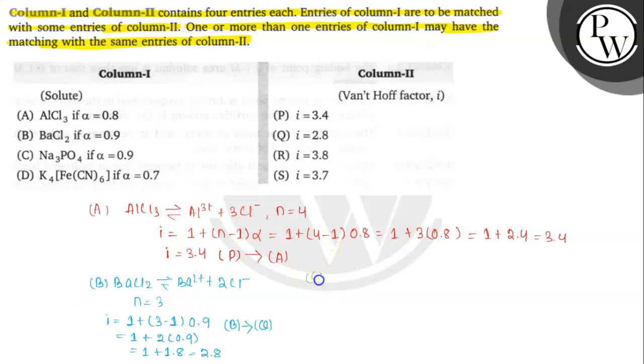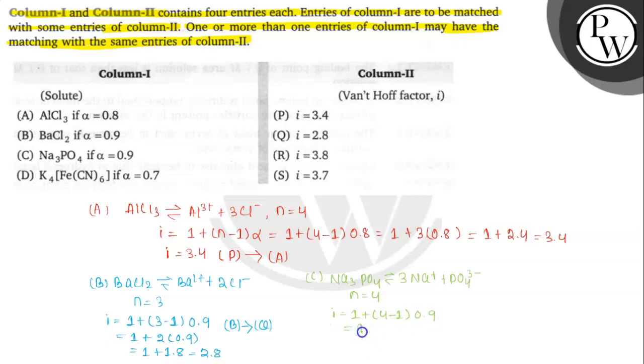Now C. In C there is Na3PO4. So it dissociates to form 3Na+ and PO4 3−. So here the number of dissociated ions is 4 and the formula of the Van't Hoff factor is 1 plus (N minus 1) into alpha. So here N is 4, so 4 minus 1 into alpha, which is 0.9.